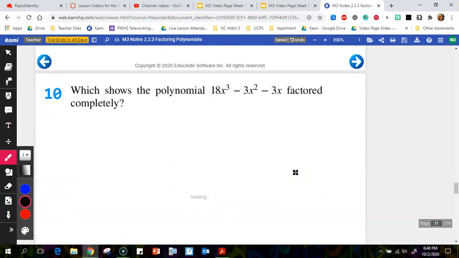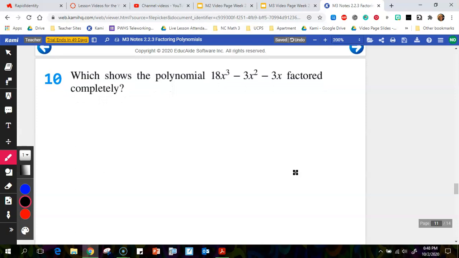Okay, let's see. Another one where we could take out a greatest common factor of 3x, and then we would end up with 6x squared minus x minus 1.